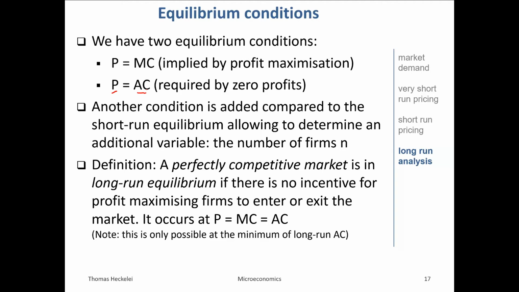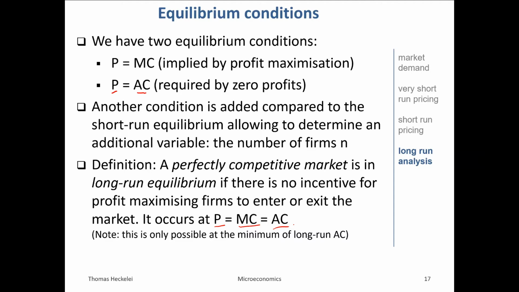And that happens when we have an output level which makes the market price equal the marginal cost, equal also the average cost of the firm. When I talk about firms here, assume that's a typical average firm of this industry.